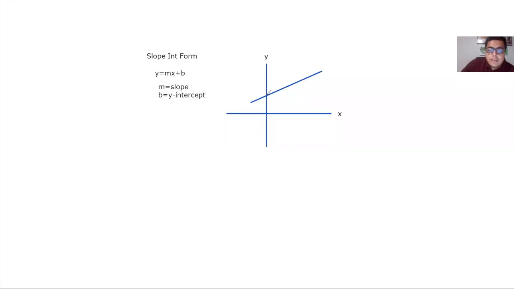So let's say we're given a point right here, where your line crosses the y-axis. This is considered the y-intercept.